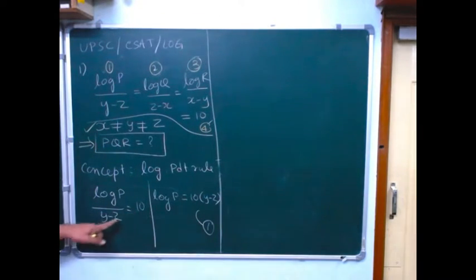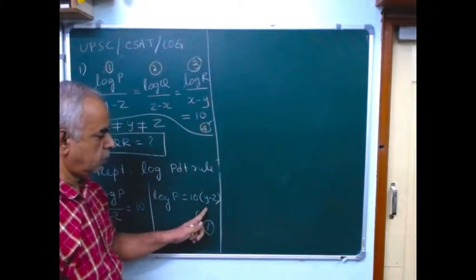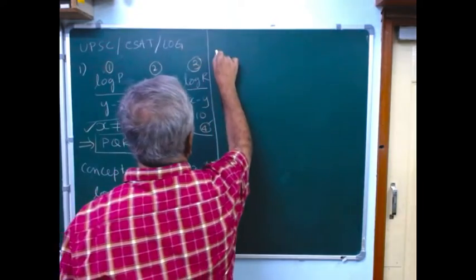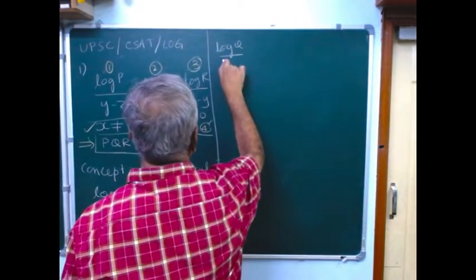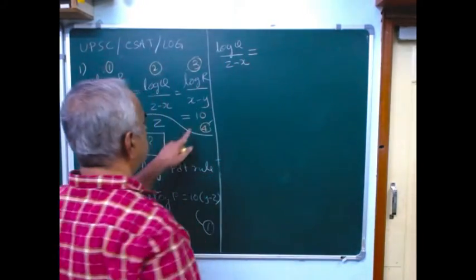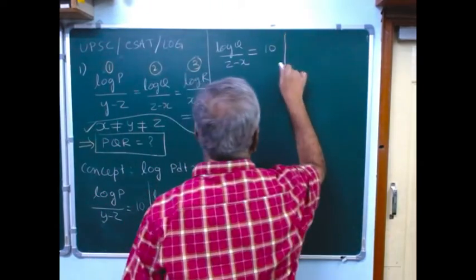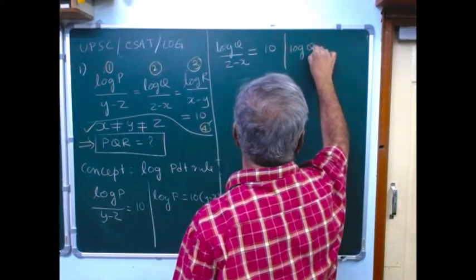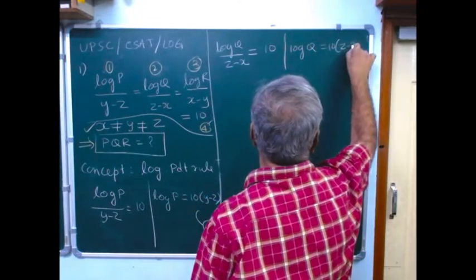When you multiply these two terms, you have to be very careful about the parentheses, the brackets. Then let us take the second term, log Q divided by z minus x, and compare with the fourth term, that is 10. This can be rearranged as log Q is equal to 10 into z minus x.